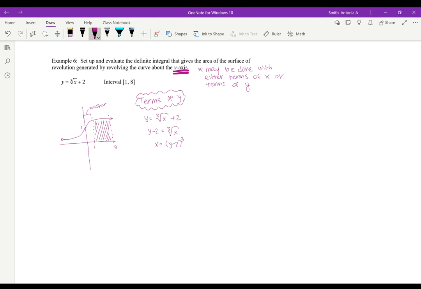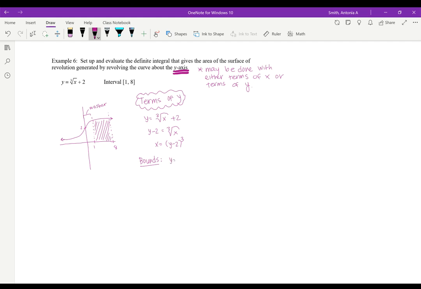Also, if we're going in terms of y, I should probably make my interval of integration into our y values as well. So right now, the interval they gave me was from 1 to 8, but I want to change that to be in terms of y so that I can integrate the right way. So my bounds, I'm just going to plug them into my equation.